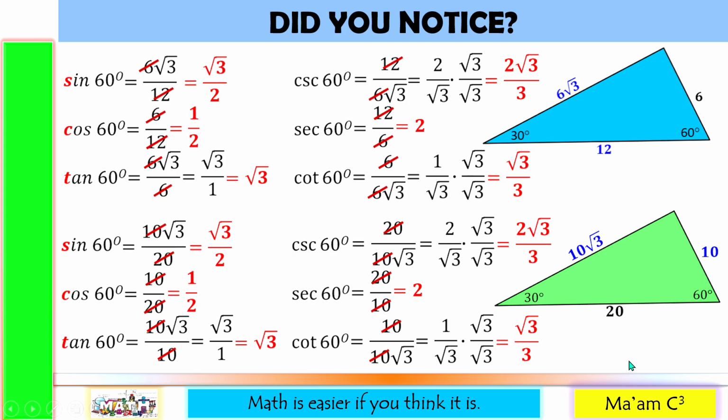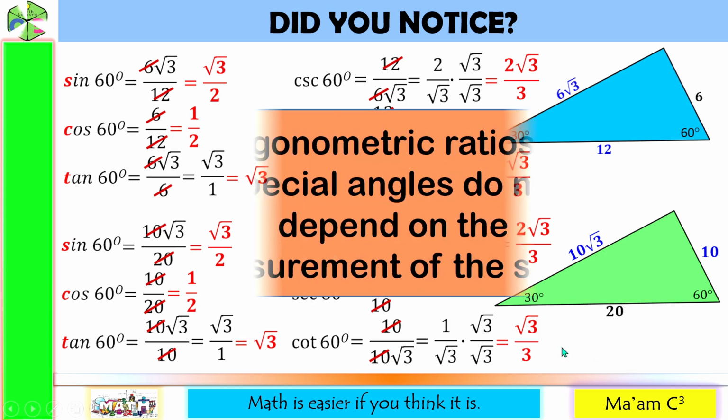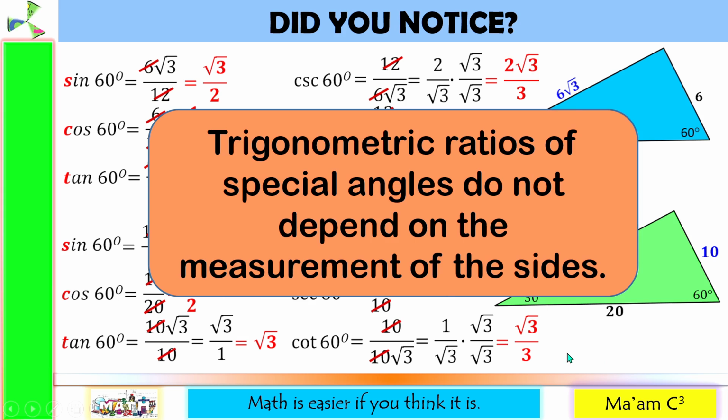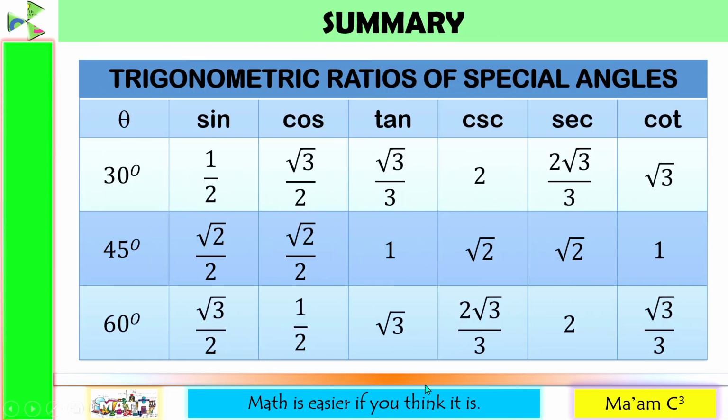It is because, again, trigonometric ratios of special angles do not depend on the measurement of the sides. For the summary of the trigonometric ratios of special angles, I have tabulated it here: 30 degrees, 45 degrees, 60 degrees for sine, cosine, tangent, cosecant, secant, and cotangent.